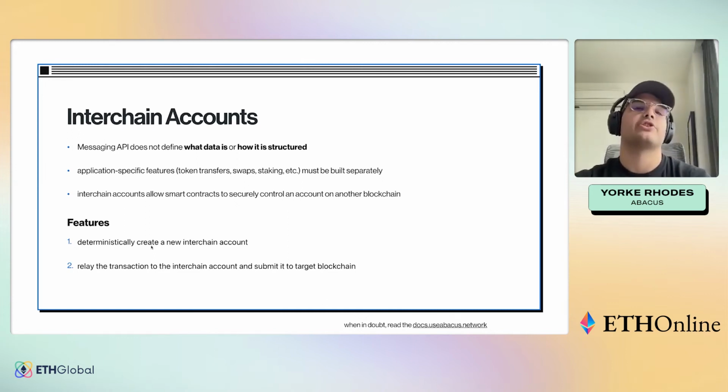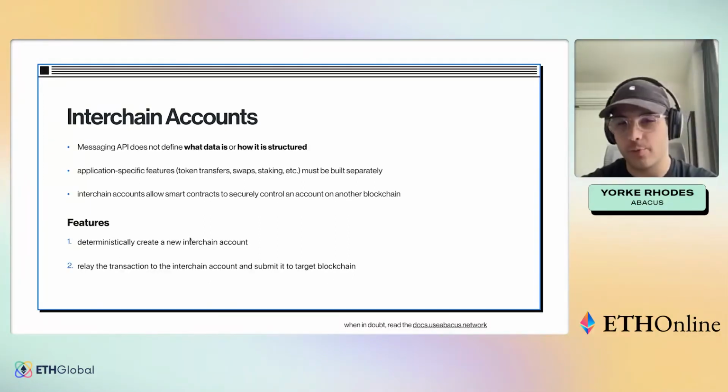The two features of this system are, first, being able to deterministically create an interchain account. What this means is a contract on chain A can deterministically create an account on chain B, and users or contracts on chain A and chain B can have predictable knowledge of where the contract on chain A's interchain account would be, or what address it is, to use in application logic.